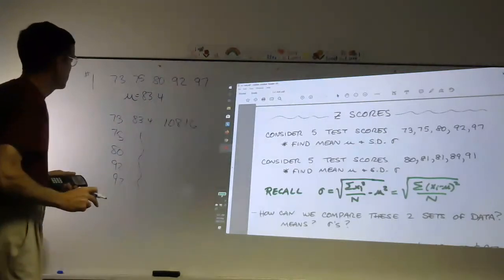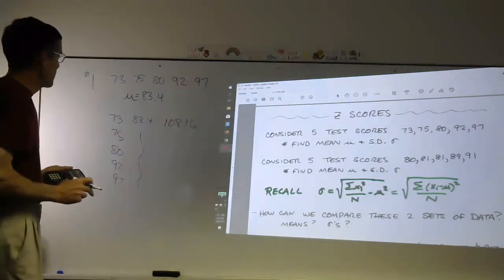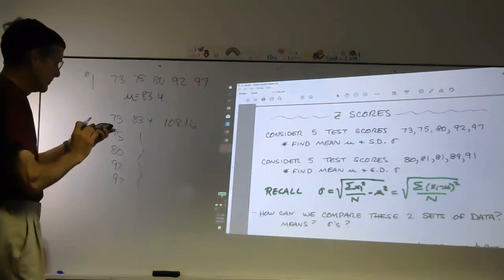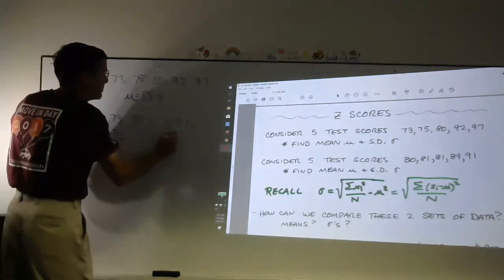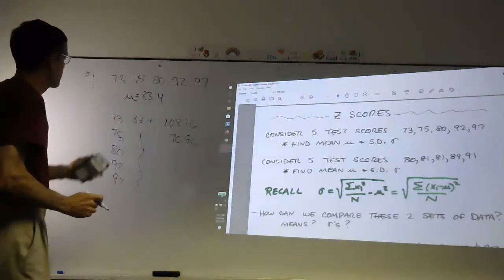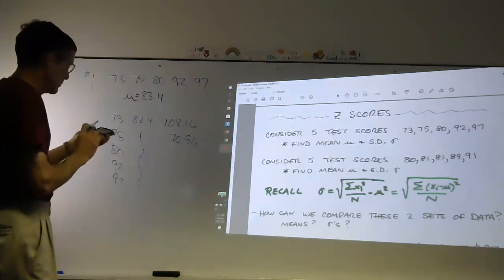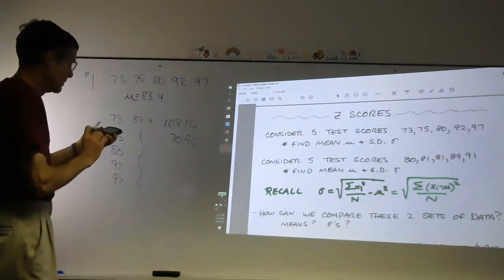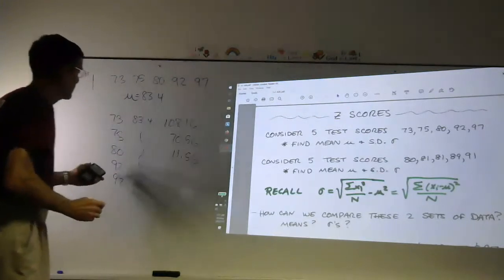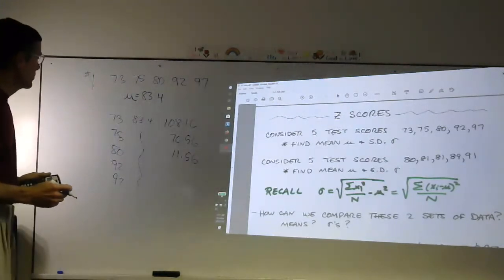83.4 minus 75 is 8.4. So 8.4 squared is 70.56. Okay, 83.4 minus 80 is 3.4. Squared is 11.56. 92 minus 83.4.